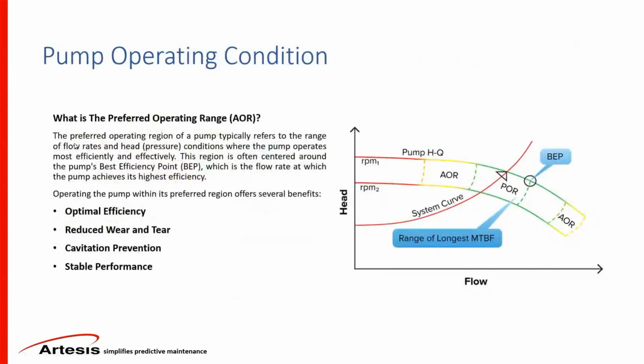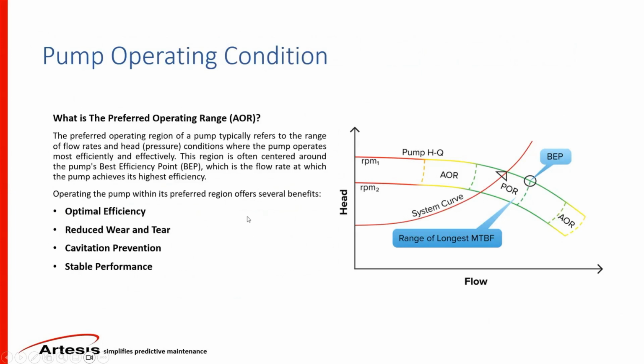And here is the operation range that we are using in our software. So we will keep track of whether the pump is actually operating outside of the preferred operation range.